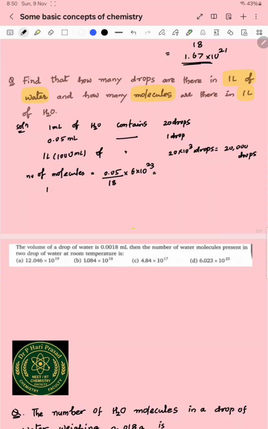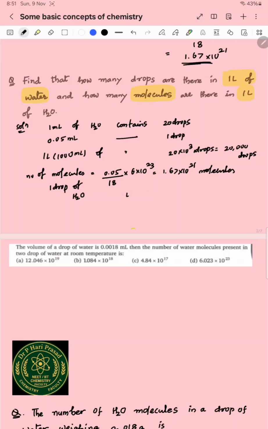This is equal to, we got the answer: the number of molecules present in 1 drop of water will be 1.67 into 10 to the power of 21 molecules. Now 1 liter contains how many drops, student? 20,000.